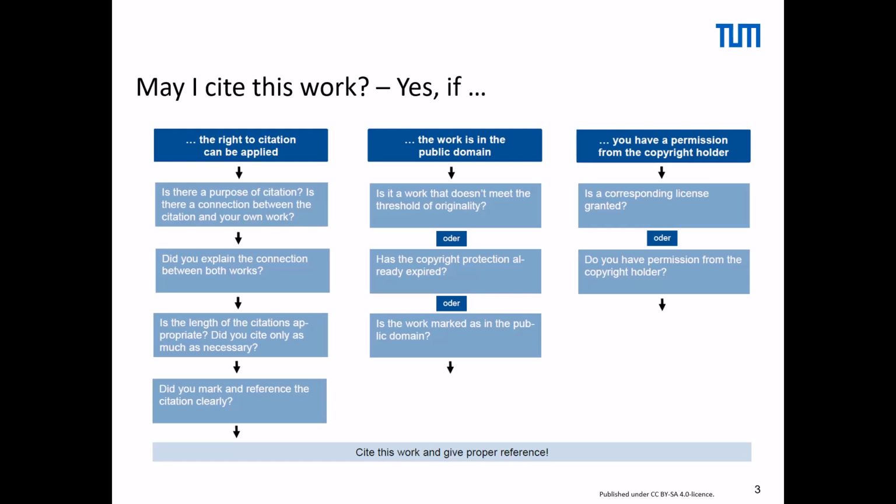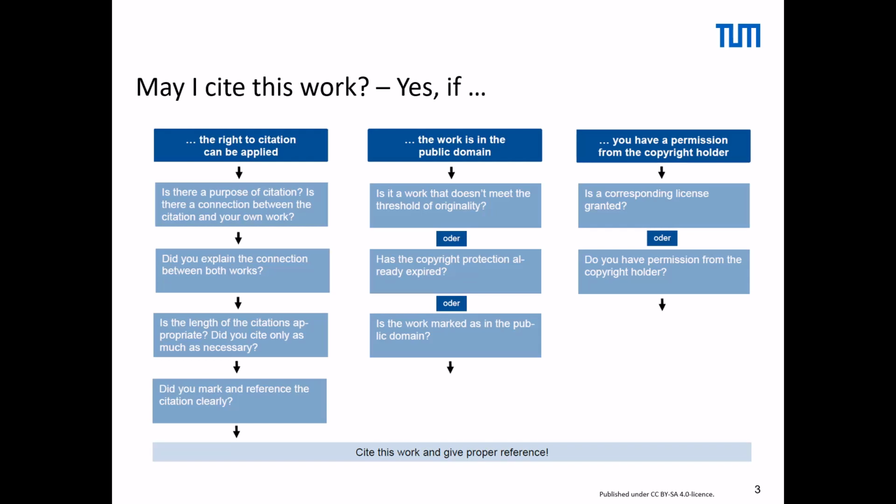The third case is if you have a permission from the copyright holder, which can either be given by a license. You also have licenses, for example, like the Creative Commons licenses, which already say that you're allowed to do certain things with this work, and you then just have to stick to the terms of the license agreement, and then you can use it.